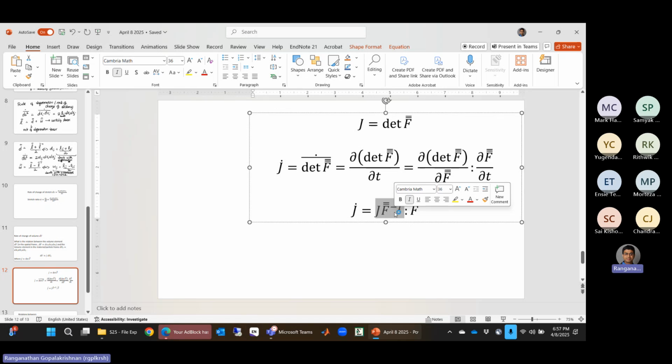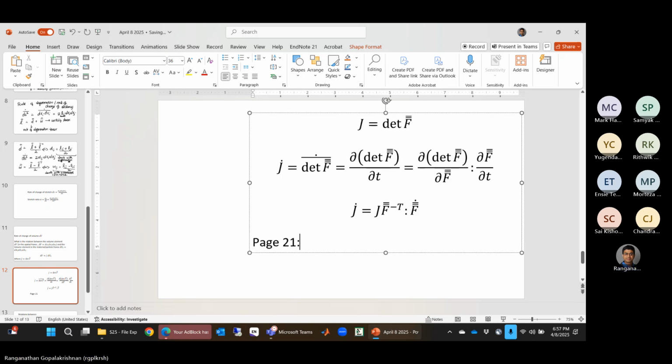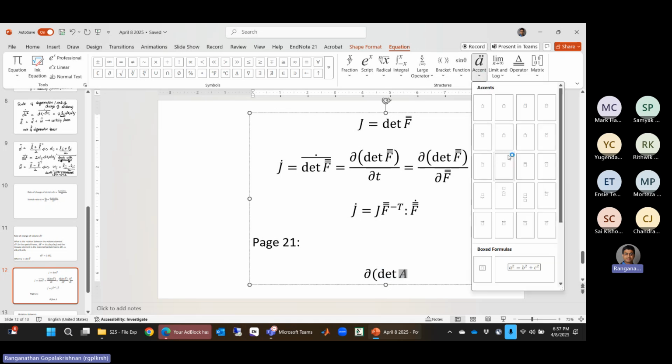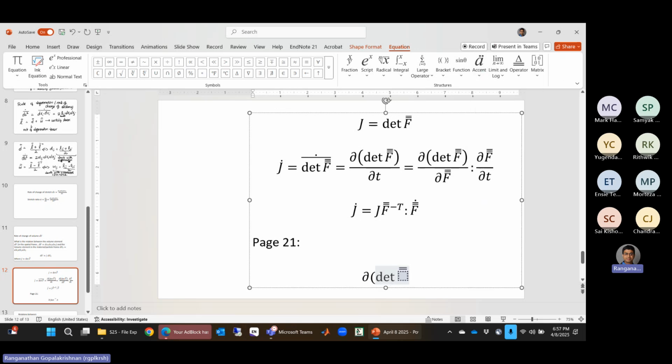If you have your book in front of you, go to page 21, take a look. We have the proof for the partial derivative of determinant of A, where A is some second order tensor. It's not deformation or anything. It's just a tensor.